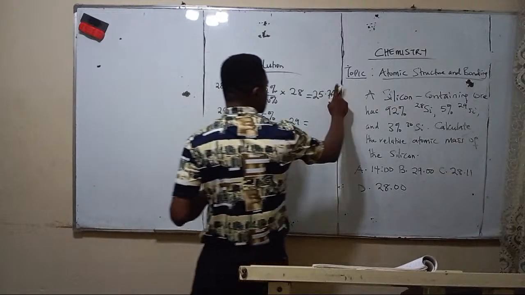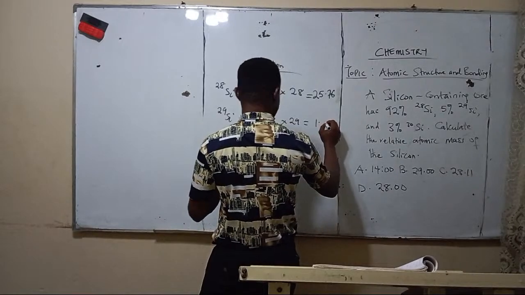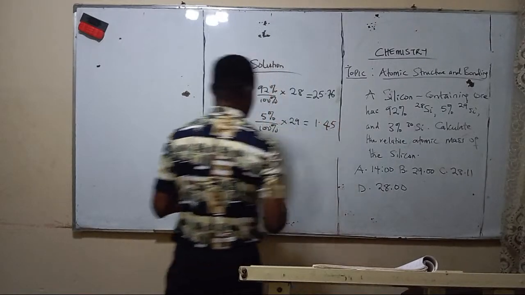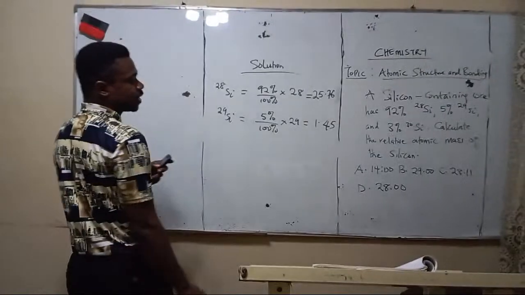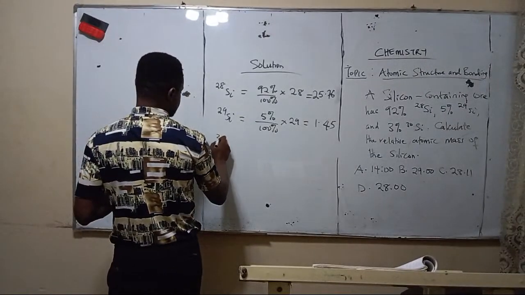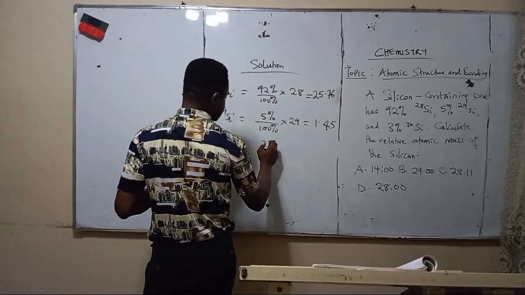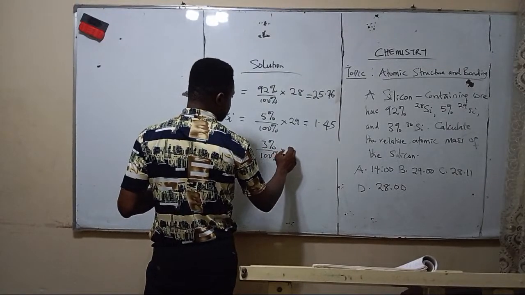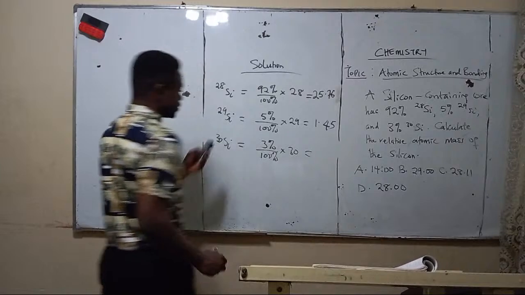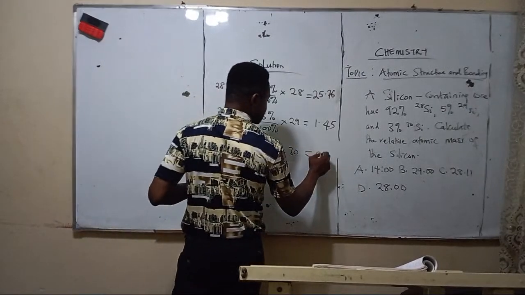This is 1.45. Sorry, this is not percent. Then let's go for silicon 30. We have 3% of 30, 3 over 100 times 30, to give us 90 divided by 100. This is 0.9.